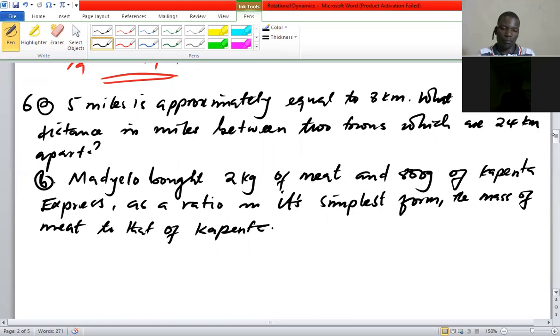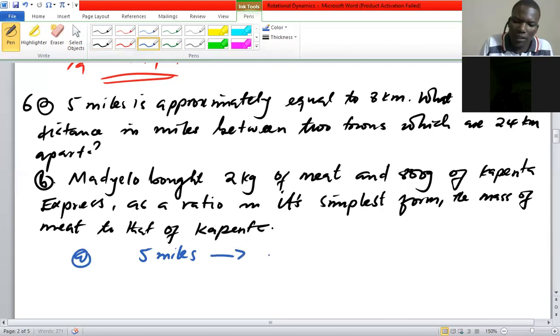The mass of meat to that of carpenter? Yes. Okay, so here we have 5 miles, which we are told is approximately equal to 8 kilometers.